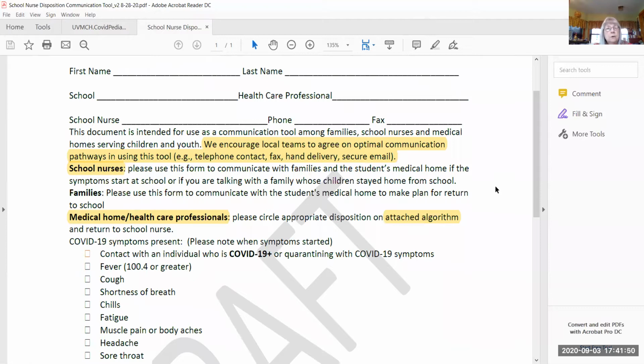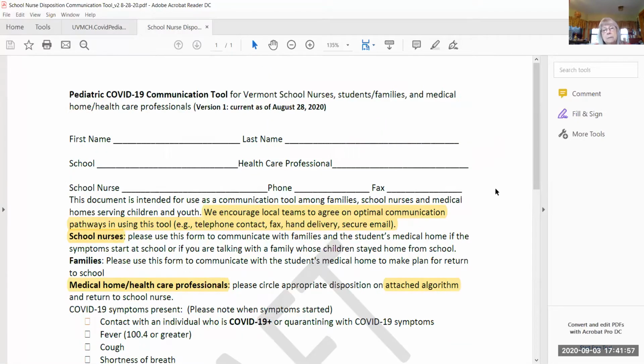If everybody's had a chance to look at it, I think we're ready to talk about things that you like, things that you don't like, and what your suggestions are. We're going to either open up the chat, or you can raise your hand, and we will figure out what we want to do about this.